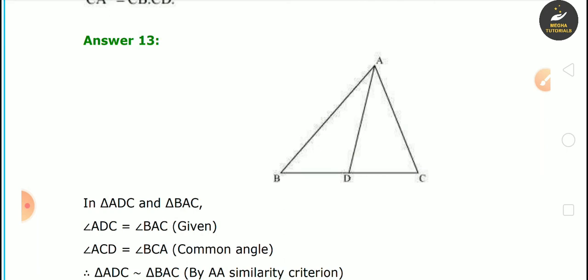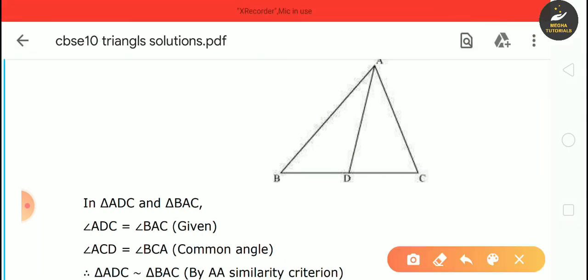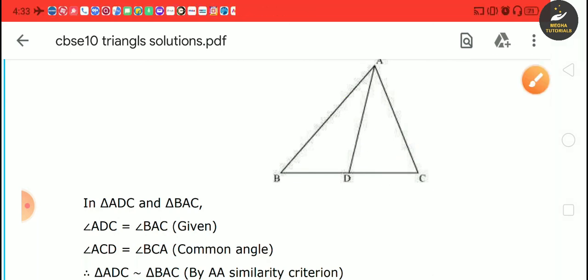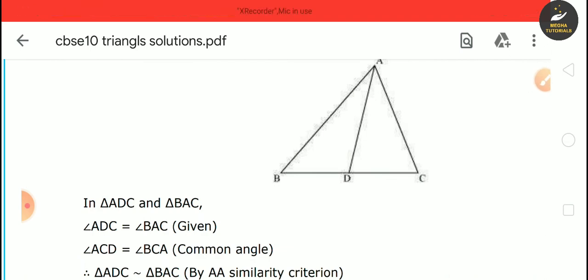In triangle ADC and triangle BAC, angle ADC is equal to angle BAC. It is given, and also angle ACD and angle BCA are common angles. Therefore, using AA test of similarity, we can write that triangle ADC is similar with triangle BAC.